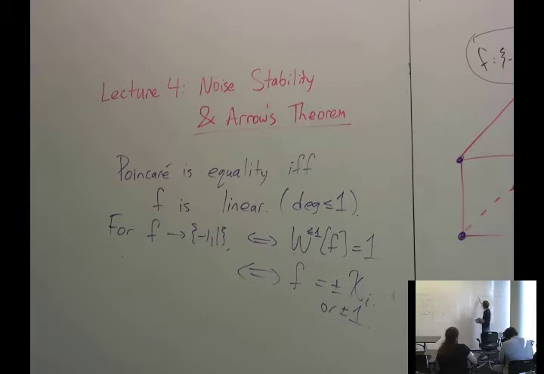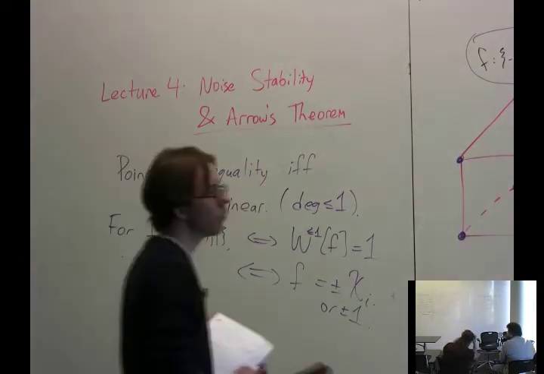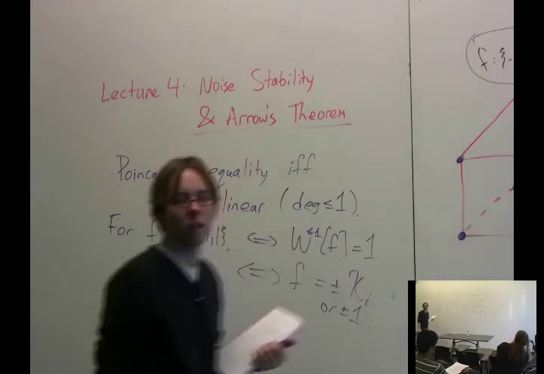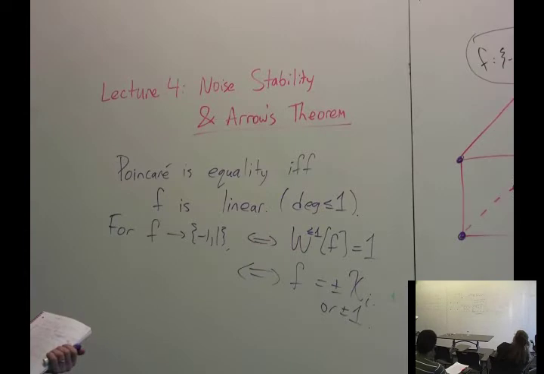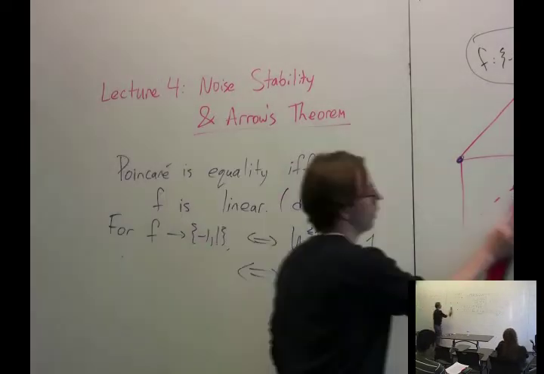Okay, so this is how you can interpret this as a kind of isoperimetric inequality. Unfortunately, this is actually not sharp unless alpha is 0, half, or 1. But it's still pretty good sometimes. OK, so that's all I wanted to say about total influence.